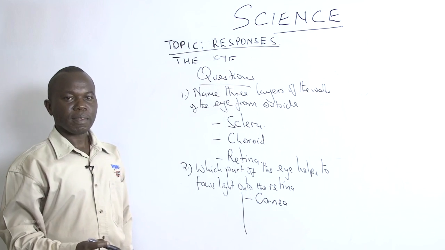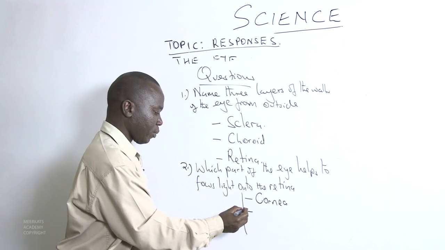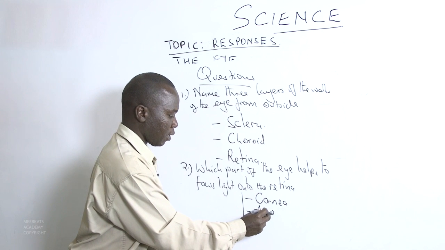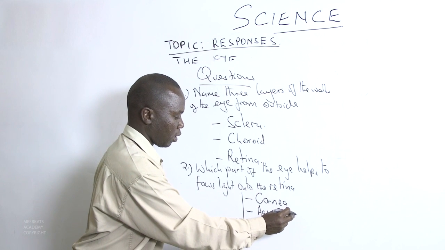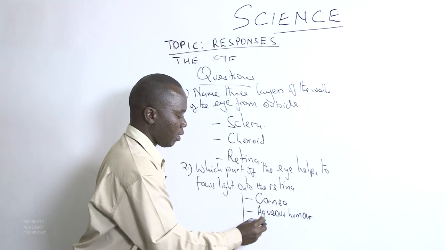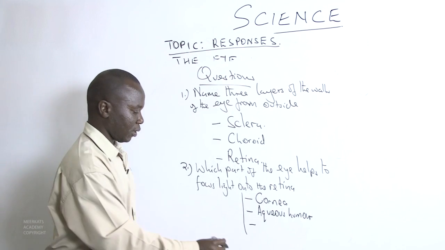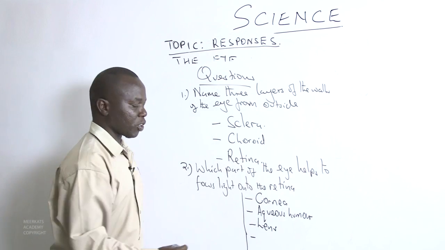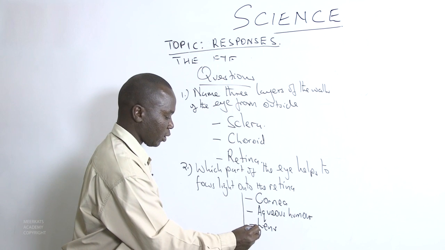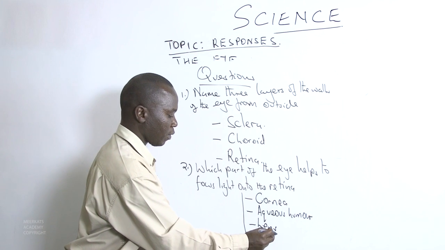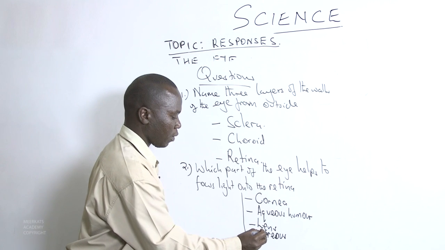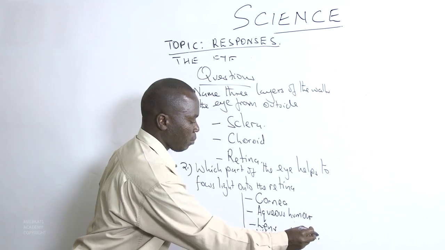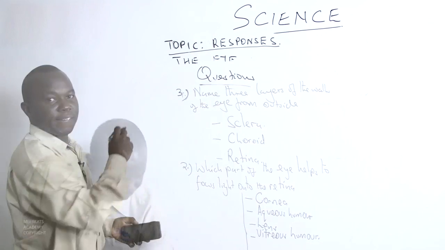For refraction, it will go through a liquid matrix called the aqueous humor. For refraction again, and then we have the lens, again for refraction, and then more refraction by the vitreous humor.